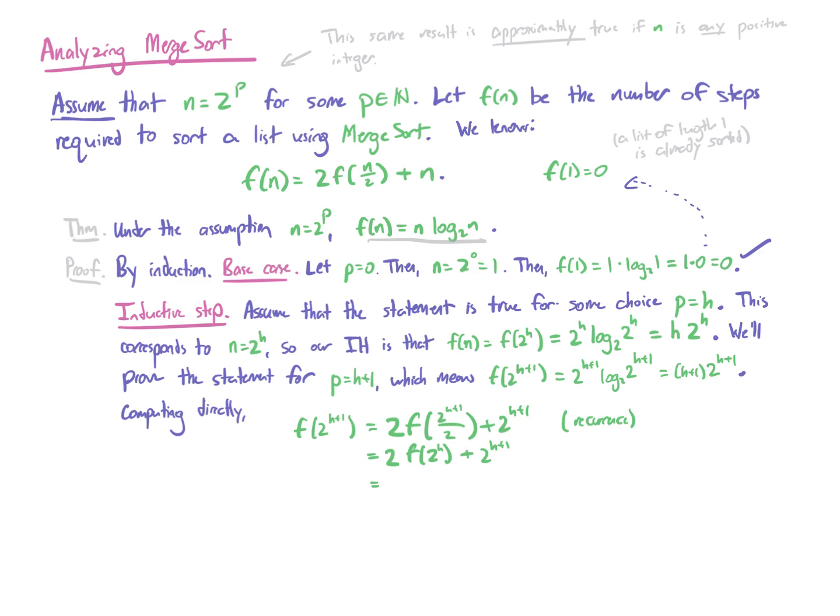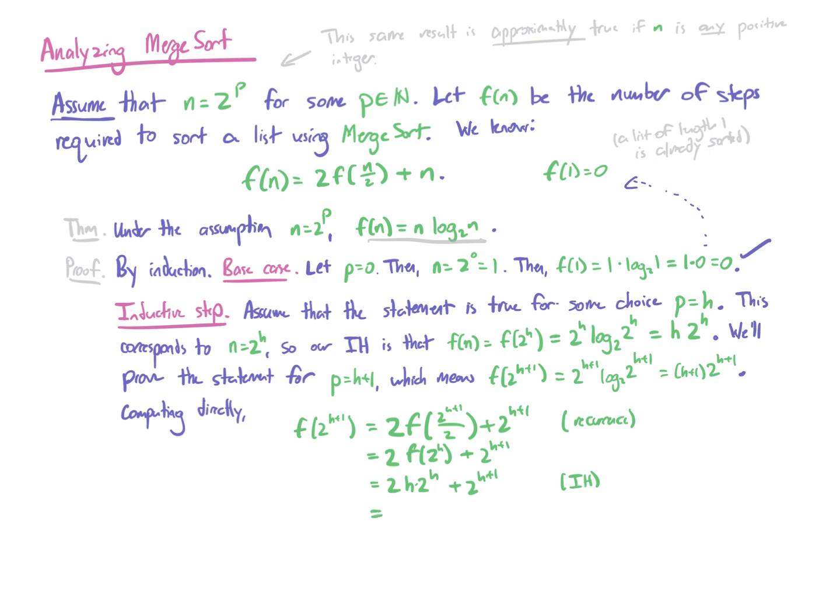But guess what? Now I can use my inductive hypothesis, because I know under my inductive hypothesis what f of 2 to the power h is. It is h times 2 to the power h. So I'm going to end up with 2 times h times 2 to the power h plus 2 to the h plus 1. So that's by my inductive hypothesis. And now I am just doing algebra.